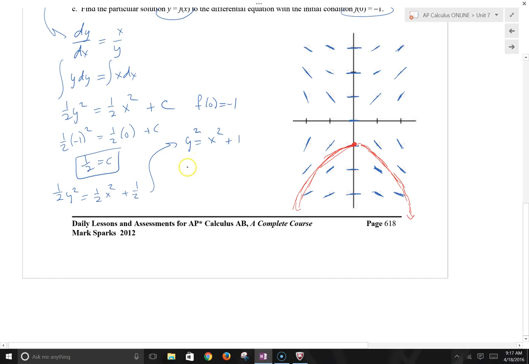And then we take the square root, and so we get y equals plus or minus the square root of x squared plus 1. Then we have to determine if it's going to be positive or negative. Without doing anything, we can look at this and see from the slope field it's going down. So we're dealing with the negative. So our answer is y equals negative square root of x squared plus 1.